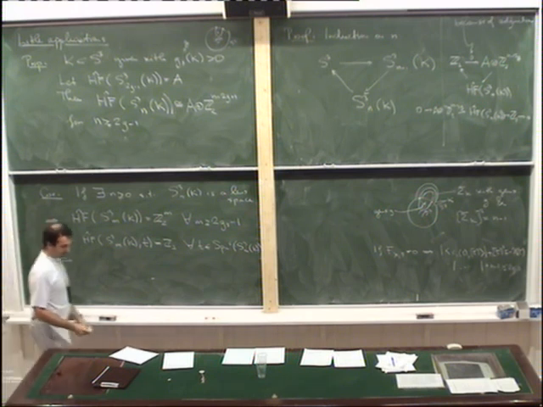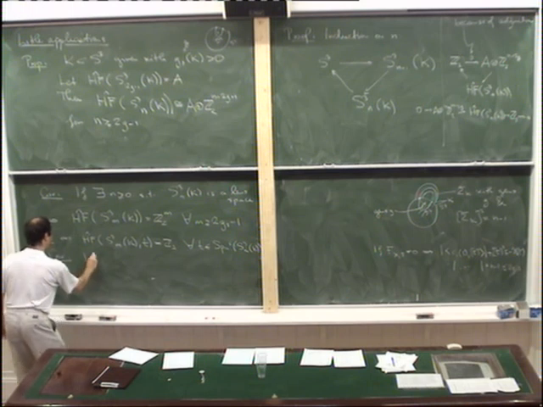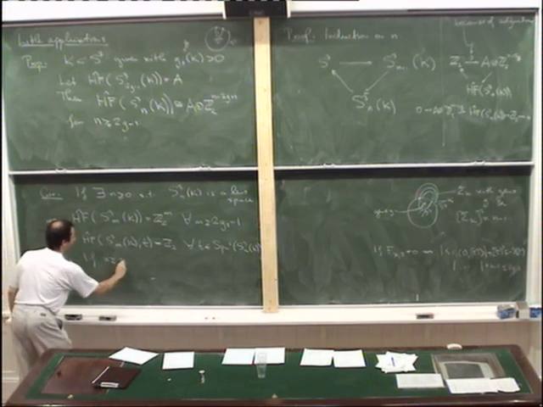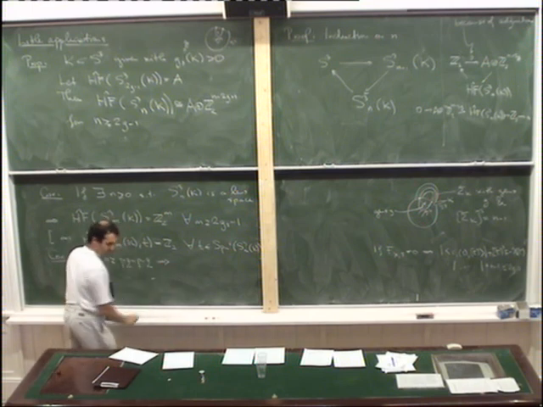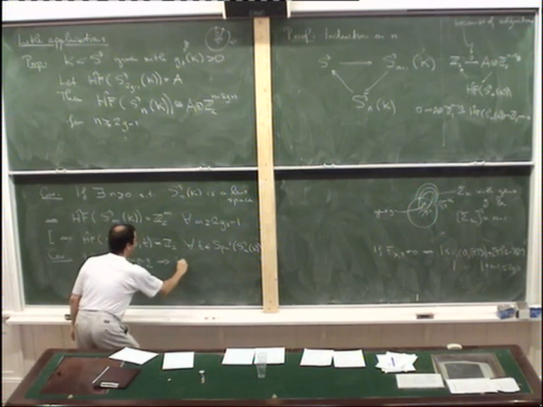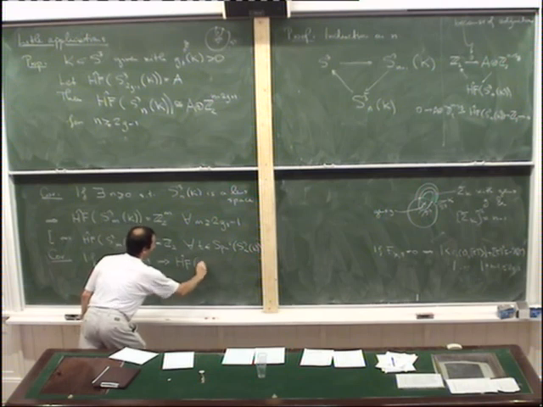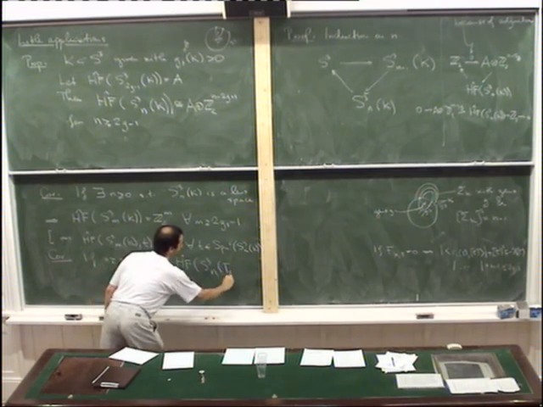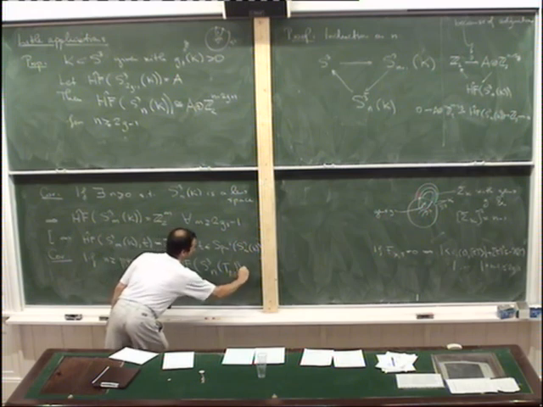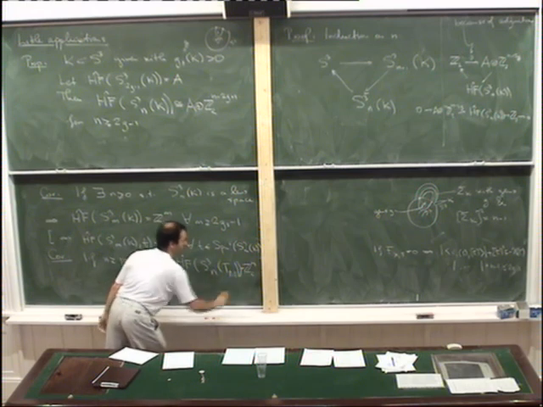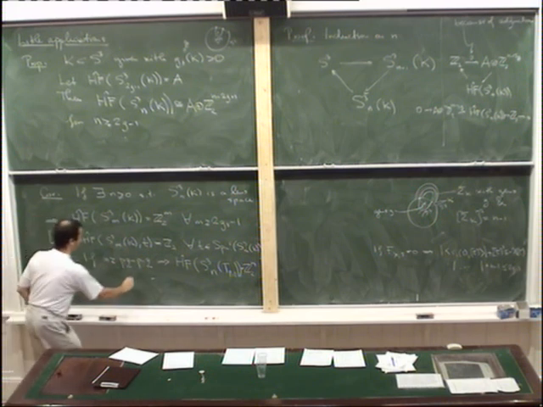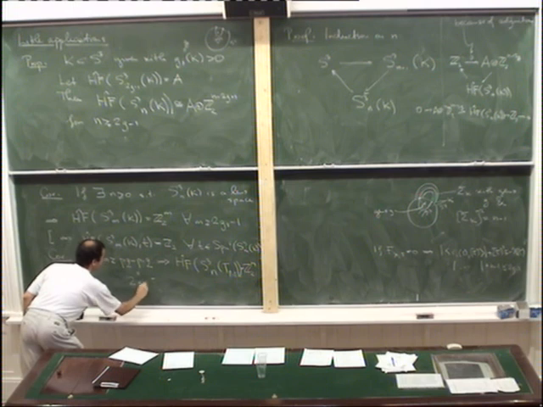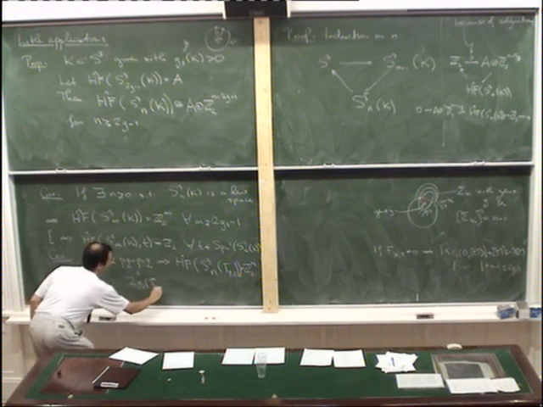So this just says that if n is at least PQ minus P minus Q, then HF-hat of S3 with surgery coefficient n on the PQ torus knot is just Z2 to the n. And where did I get this number from? This is exactly 2g, the four-ball genus, minus 1.